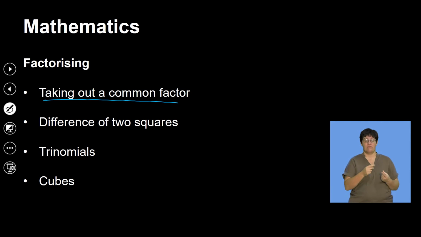One will be when we are taking out a common factor. The other one will be when we are trying to look at a difference of two squares. I will explain further what this is when we get to that point. And then also a trinomial. Remember, a trinomial, we've already spoken about this. And then a cube will just be something to the exponent of 3.